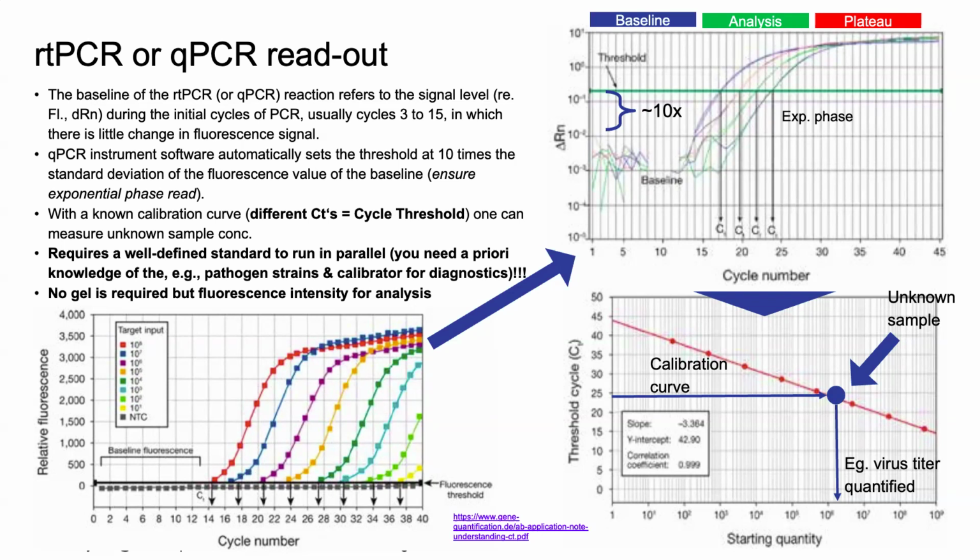My calibration material means I have basically my fake HIV virus from 10 to the 0 copies to 10 to the 7 copies. And I also do my same PCR reaction with the probe on it at the same time as I'm measuring my sample. When I do so, this is the relative fluorescence on the y-axis.